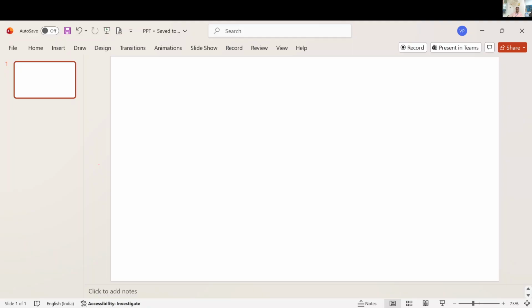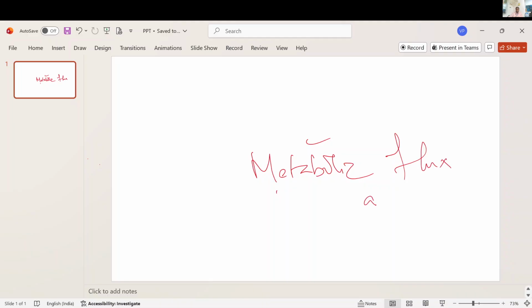So how we can do this is metabolic flux analysis.